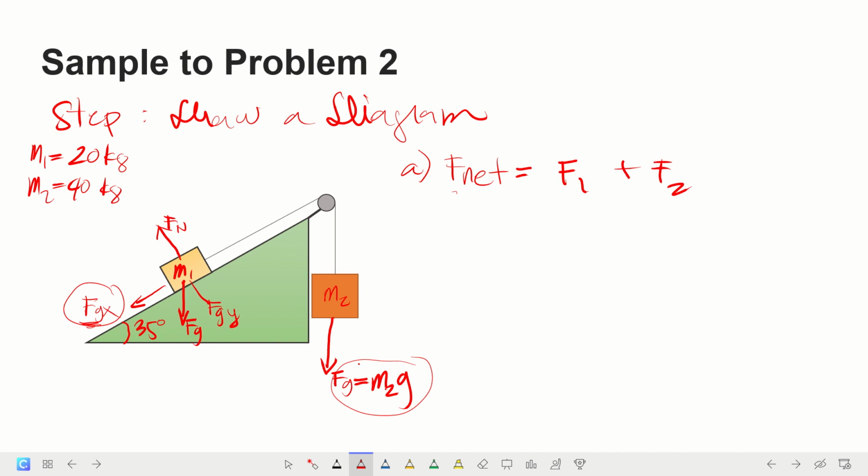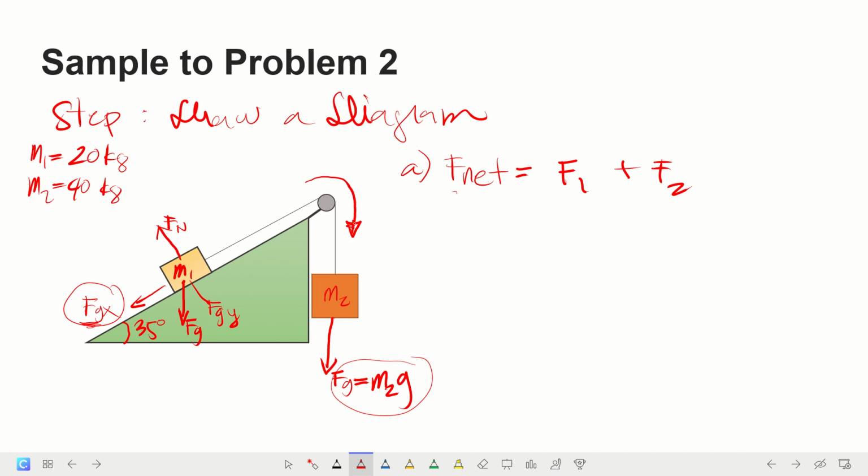If we solve for the weight of these masses, mass 2 will have a greater value of weight. So this will be heavier compared to mass number 1. So since this is heavier, we can assume that the direction of the motion or the direction of the acceleration is towards this direction.